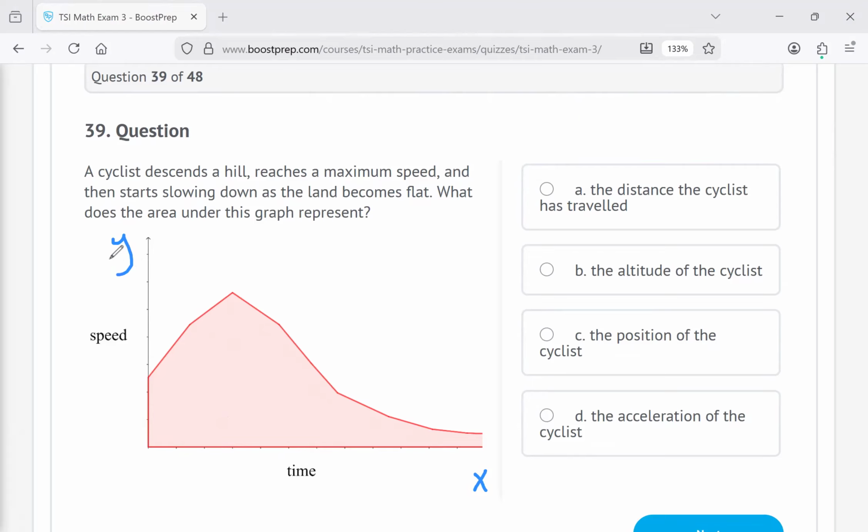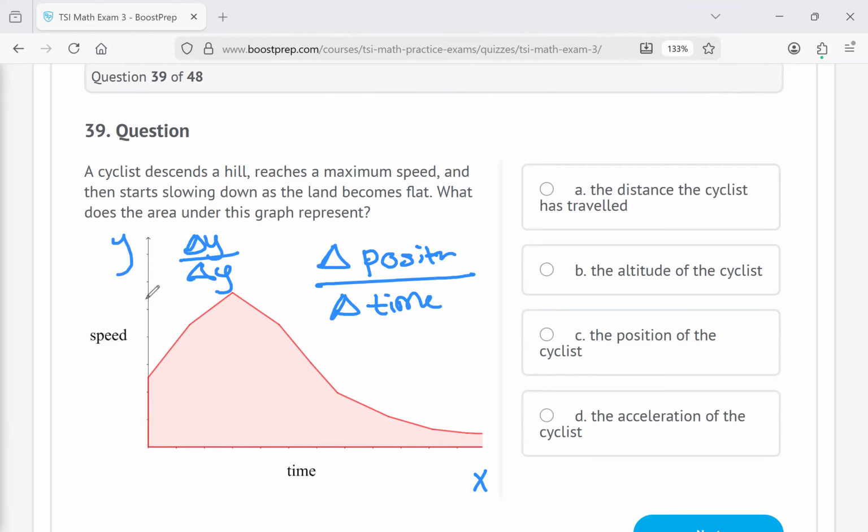We'll check. Yeah, so you have position, so you have change of position over change of time. It's like a slope, change of y over change of x.